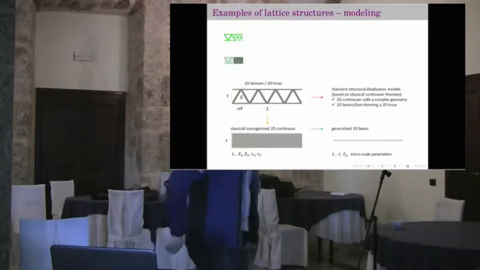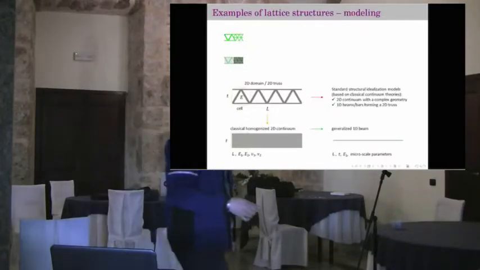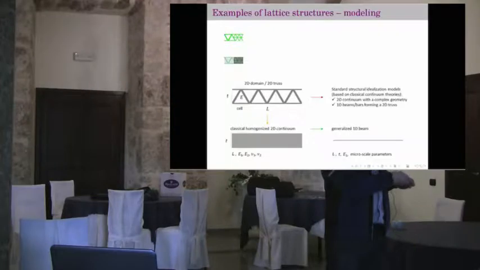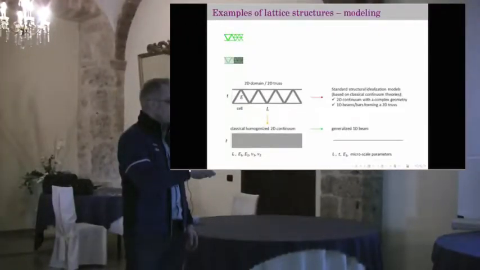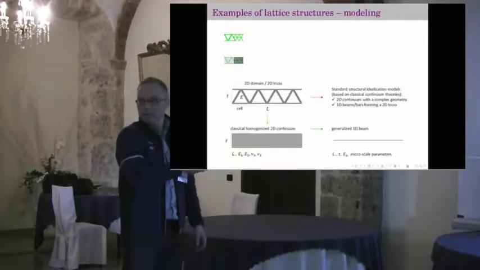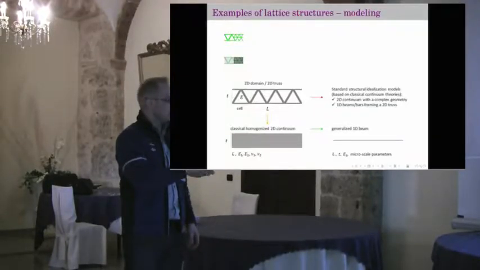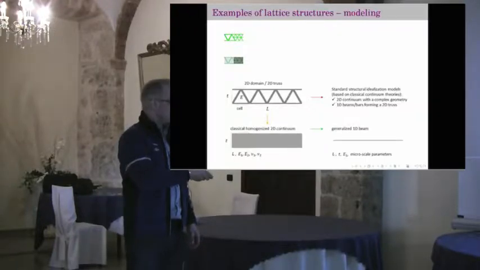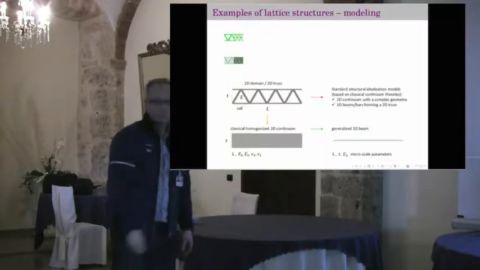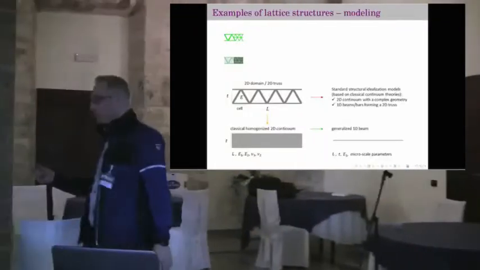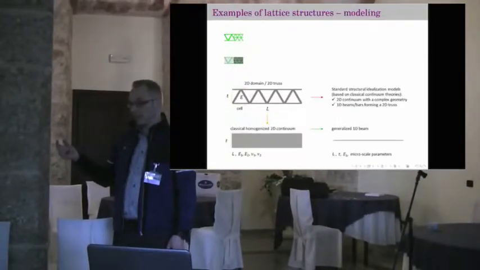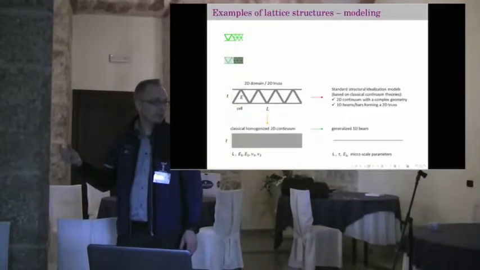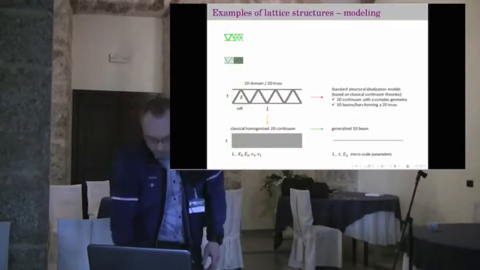Of course, we can think about a 2D homogenized classical continuum, or we can model by bars or 2D finite elements very exactly. And this is what we have done. But then from the 2D homogenized classical continuum, we want to go to a 1D beam. The idea is to show that it's not anymore a classical beam, but in certain cases it's a generalized beam. So this is the approach here.